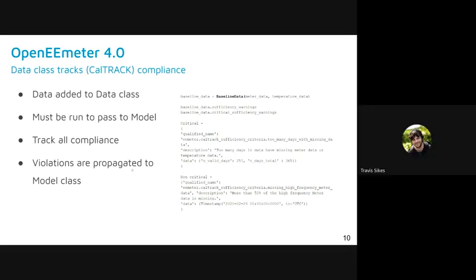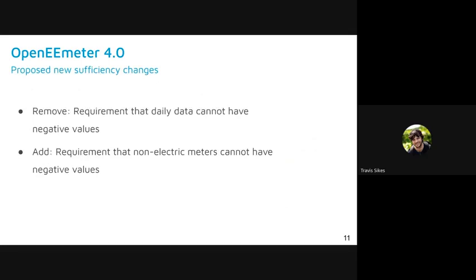All right. And then while we were going through this, we were having to do it with a fine-tooth comb. We found some sufficiency requirements that we don't really agree with anymore. So we're proposing some new sufficiency changes.